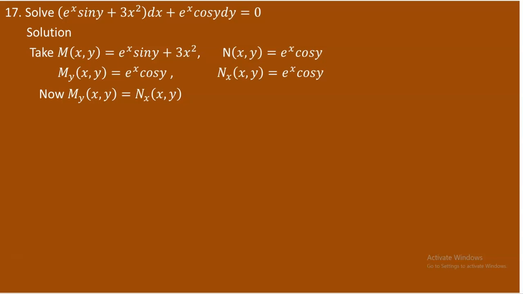One is using the grouping technique, and the second is using the derived formula. As I told you in our class, I recommend you apply the derived formula because it is applicable for any exact differential equation. So let's do this again using that approach.